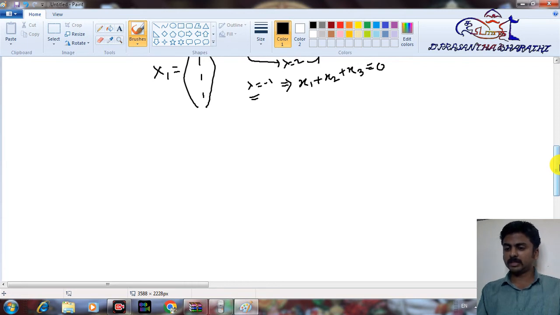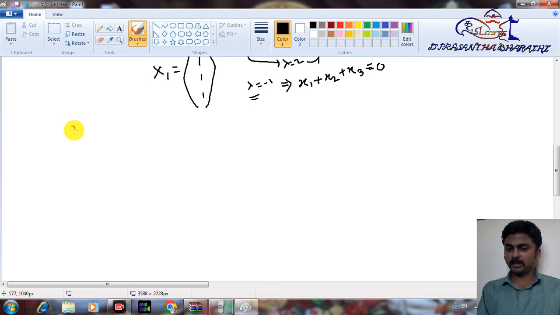If it is non-repeating eigenvalues, definitely we will have pairwise orthogonal eigenvectors. But here, since the eigenvalues are repeating, they cannot be formed by themselves. We have to form them. So for that, we have to find two types of eigenvectors.